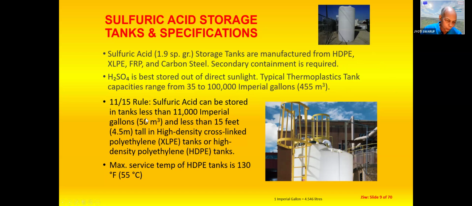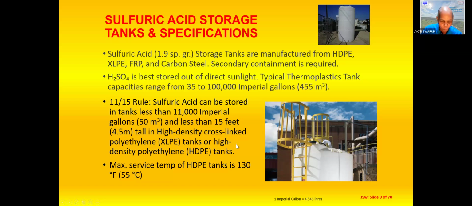The 11-15 rule is just an arbitrary rule from the vendor to say that sulfuric acid can be stored in tanks of less than 11,000 imperial gallons and less than 15 feet tall in high density cross-linked polyethylene tanks or high density polyethylene tanks.